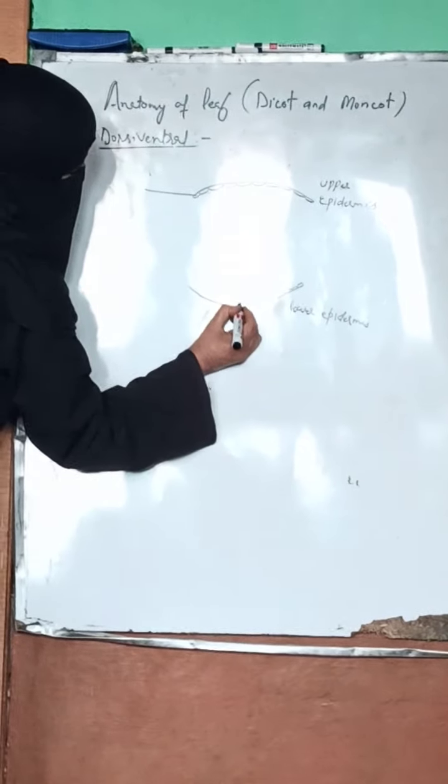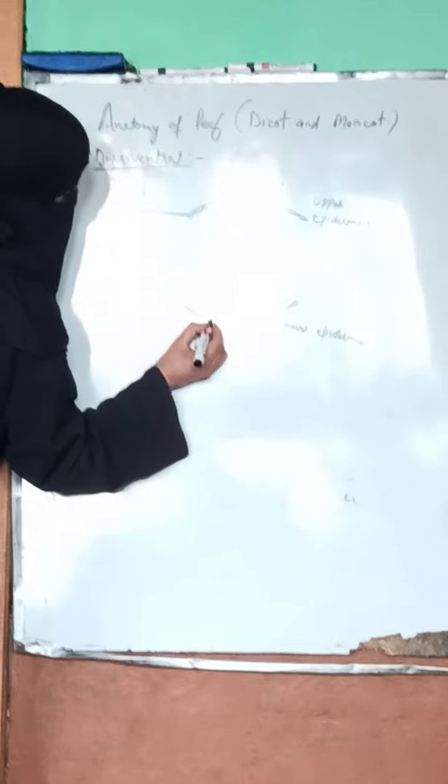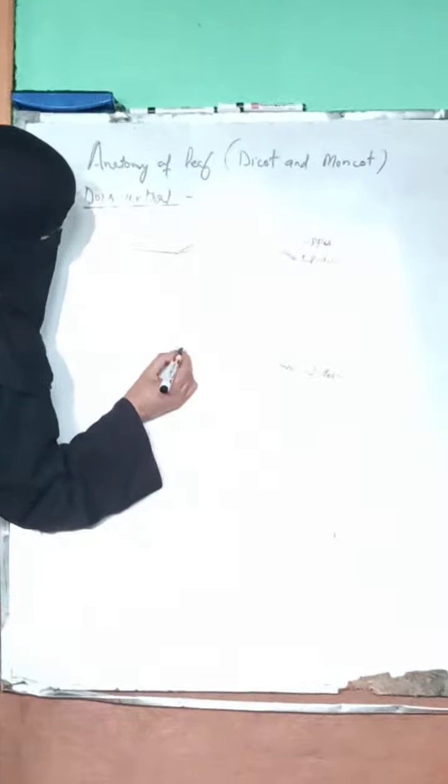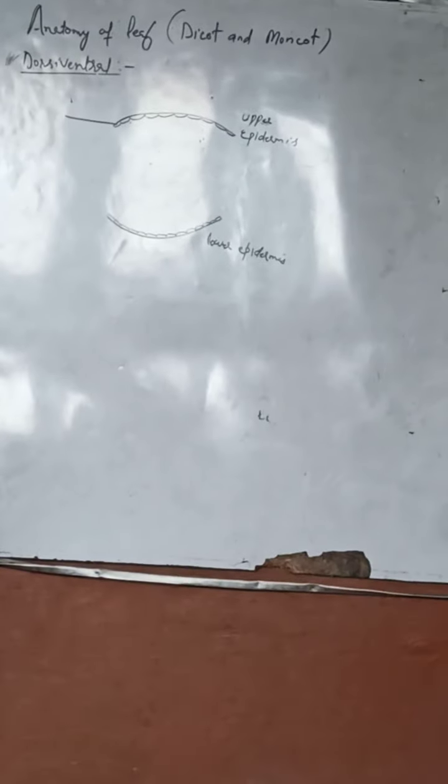You know that this epidermis is a single layer. I have already told you epidermis has a single layer of cells, so it is single layered, and it is also the outermost layer.